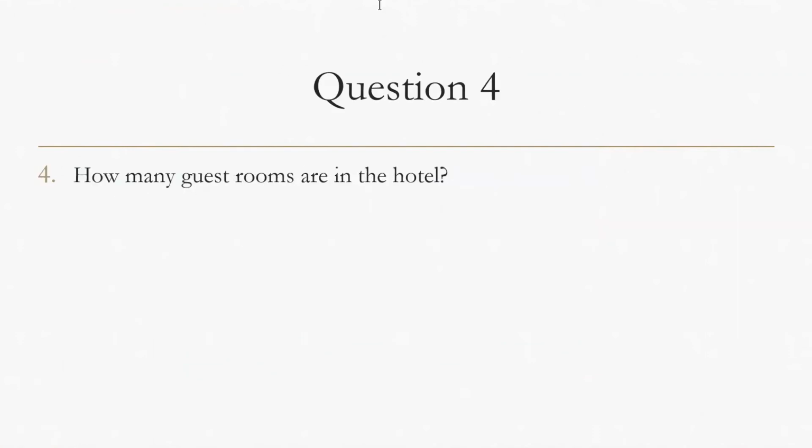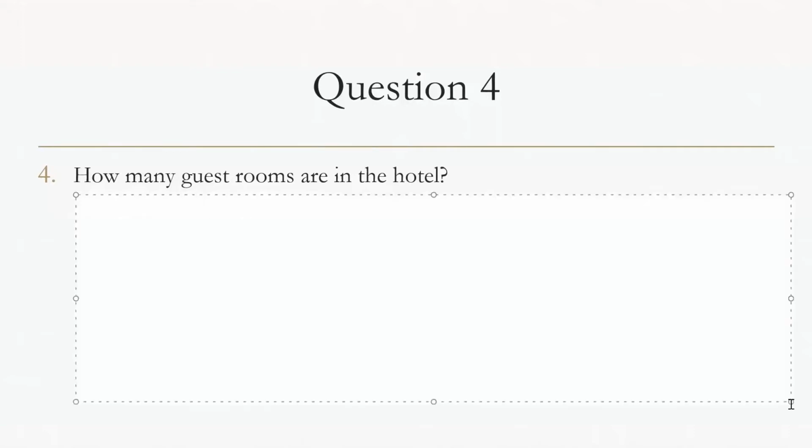Okay, can you just walk me through how you got to that answer? Oh, sorry, I was mute. So I just did 8 times 25. Okay, where does the 8 come from? Where does the 25 come from? Because there are 8 odd levels, and each odd level has 25 rooms.